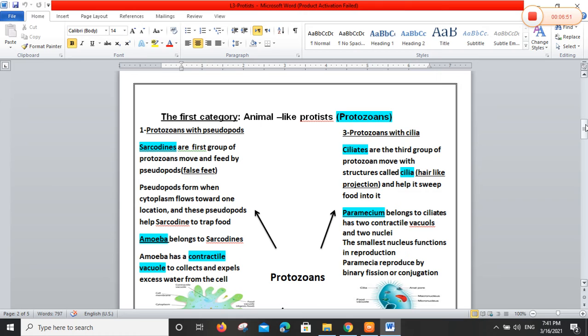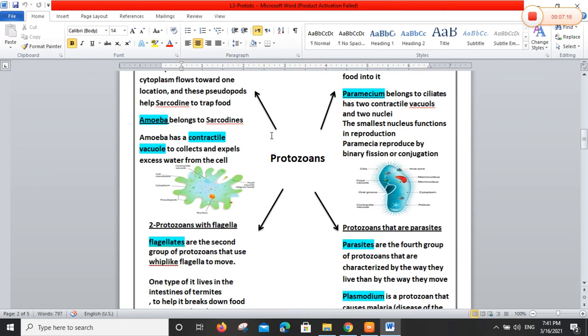The pseudopods, or false feet, are used for movement and also for searching for food. Use the pseudopods to get food and move. Pseudopods form from what? From cytoplasm. Look at this blue area, this is cytoplasm.